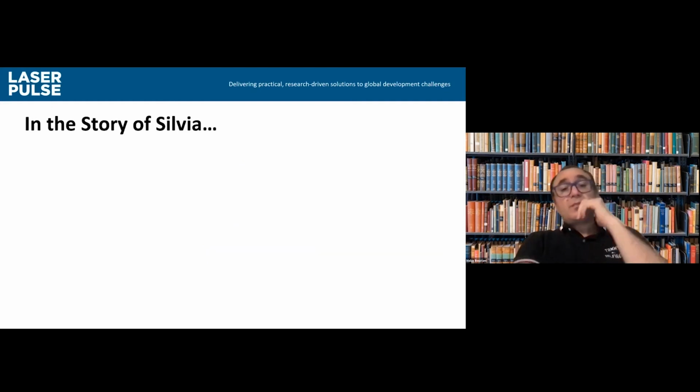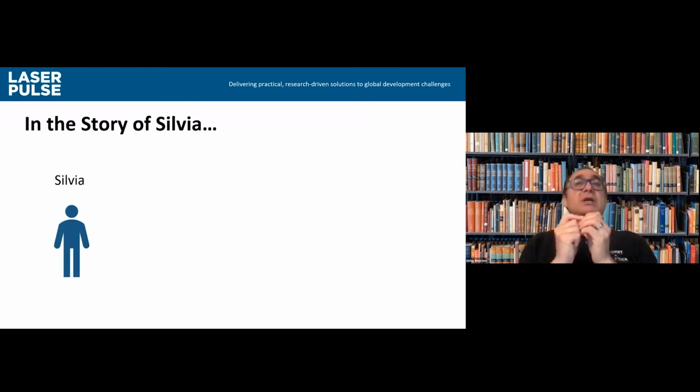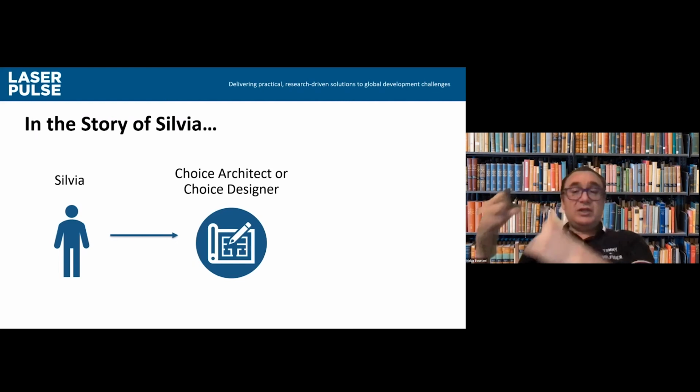Next. If you look at the story of Silvia, as a person trying to influence or change the behavior of humans, you can think of her as a choice architect, choice designer, or choice engineer.